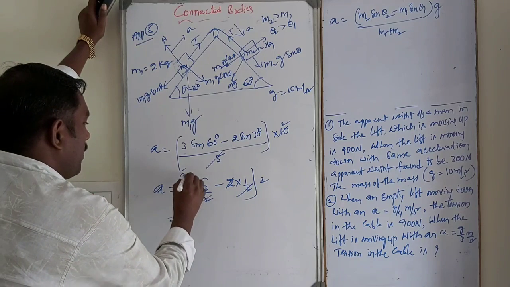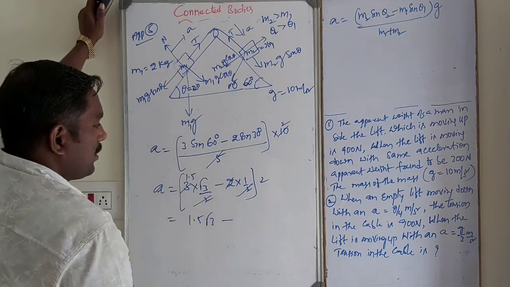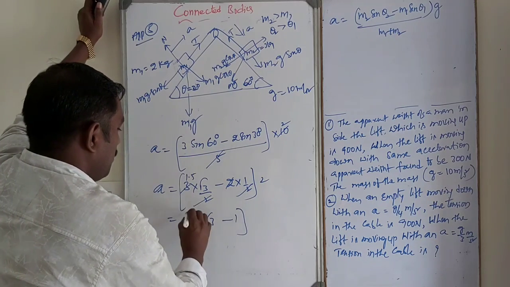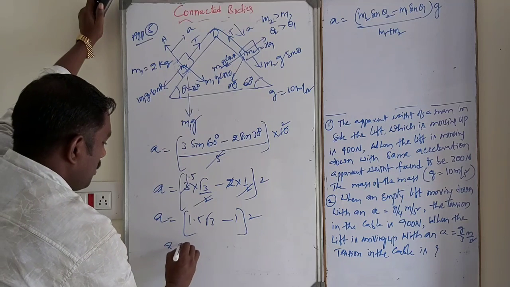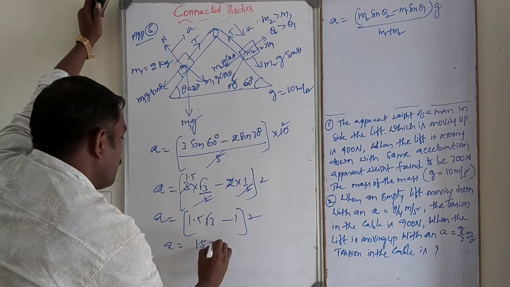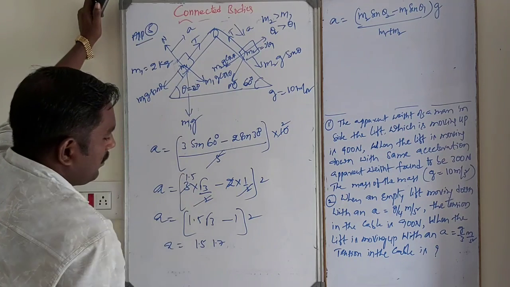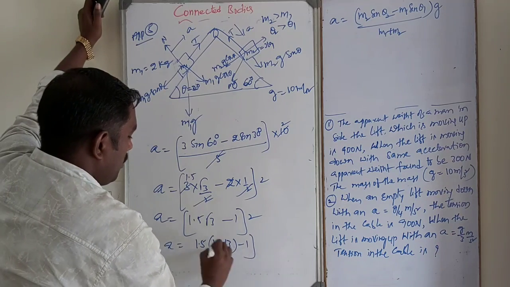This is 1.5 into root 3 minus 1 into 2. This is A. A is equal to 1.5 root 3, value 1.7, nearly 1.713, minus 1 into 2.